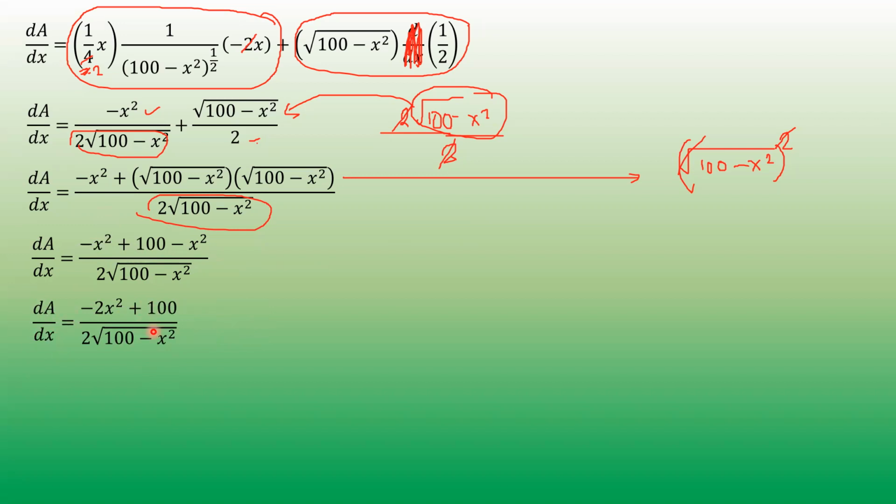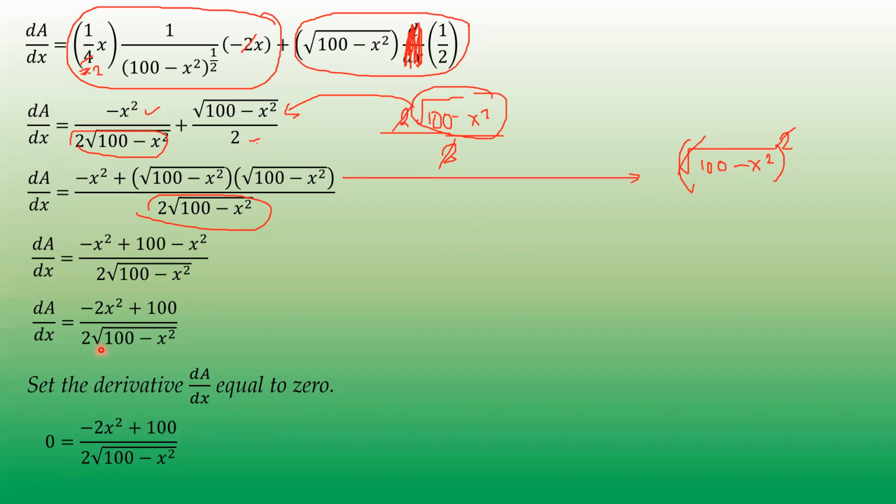So na-simplify mo na siya. Pwede mo na iset sa 0 ang derivative. So we're going to set dA over dx equal to 0. Now magkakaroon tayo ng 0 equals negative 2x squared plus 100 all over 2 square root of 100 minus x squared. Okay.